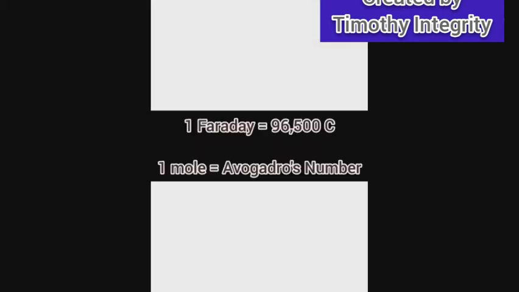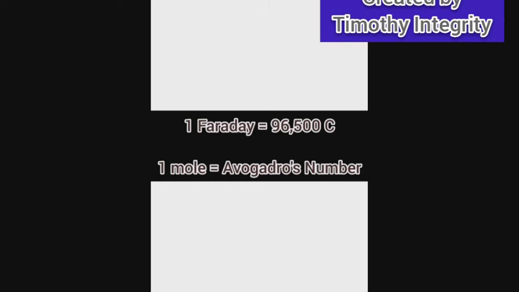Now, it is very important that we take note of certain things. For instance, what we call Faraday: the quantity of electricity that is required to discharge 1 mole of electrons is called 1 Faraday. The quantity is 96,500 coulombs.